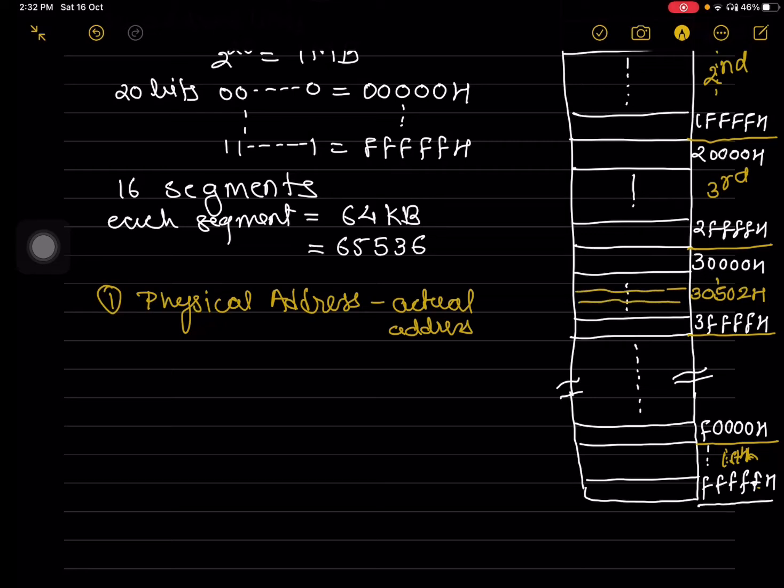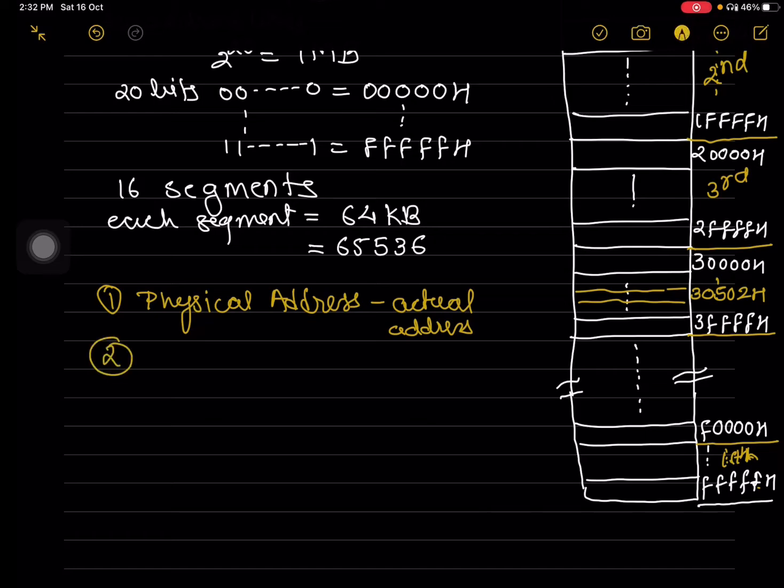It lies somewhere in the memory segment which starts from 30000H and ends at 3FFFFH. In this segment, there is a location 30502H, so 30502H is the physical address of that memory location.